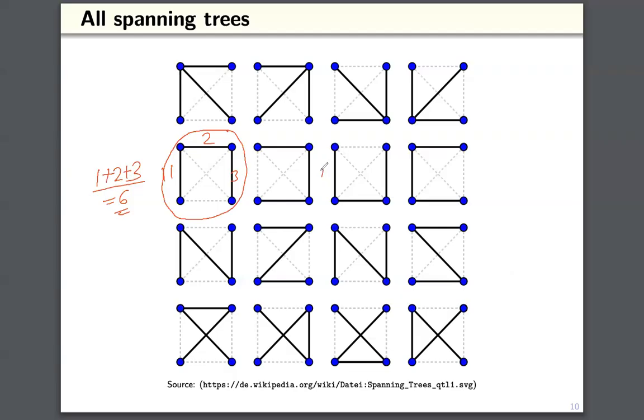Suppose this was 1, 3, and maybe 10. Then the cost of this spanning tree is 1 plus 3 plus 10, the sum of weights on all these edges. So you can have different costs for different spanning trees. Now take the spanning tree that has the minimum cost. That's your minimum spanning tree, MST. Make sense?